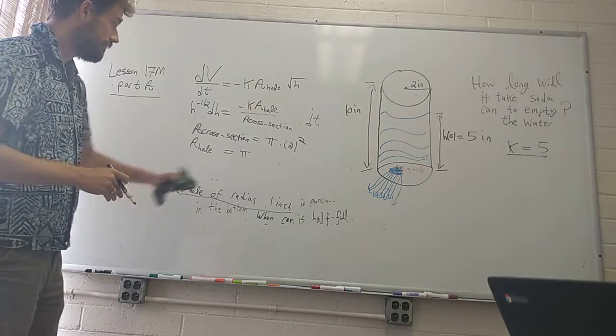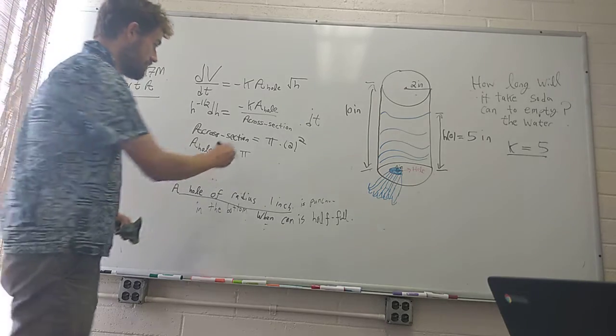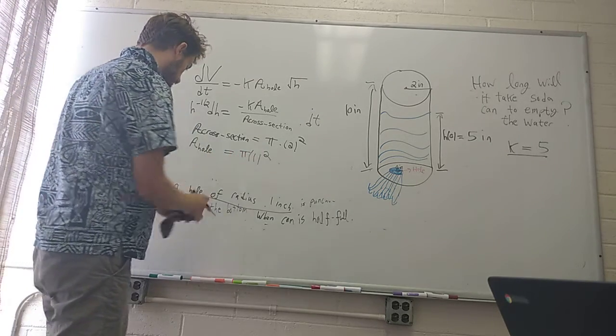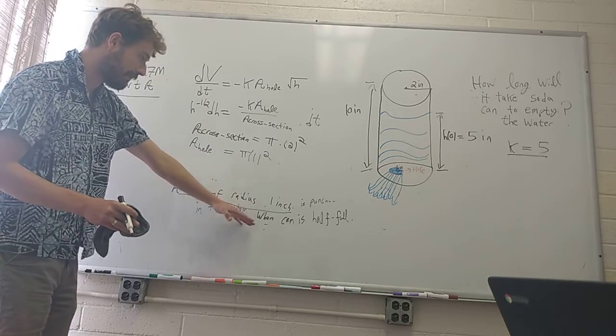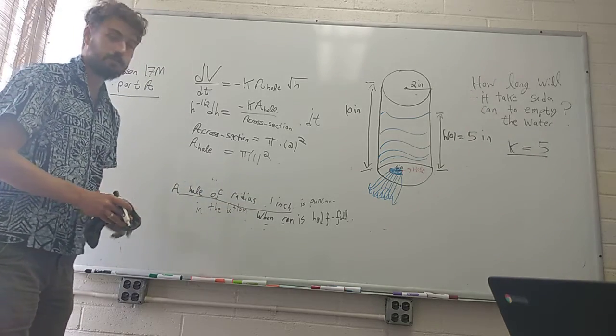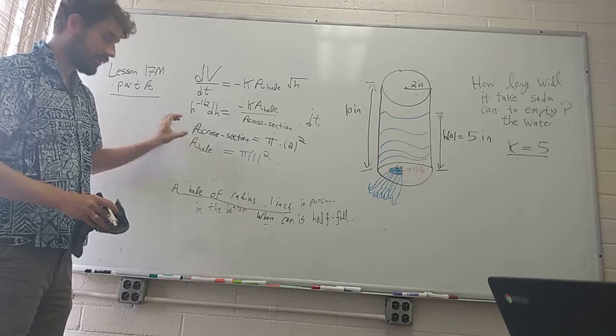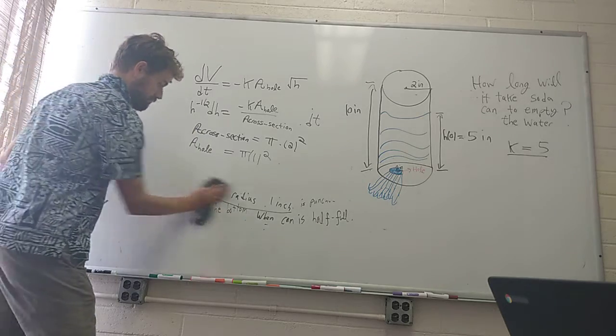What's the area of the hole? Pi times 1 squared. So the area of the hole is pi times 1 squared. This is much more concise.